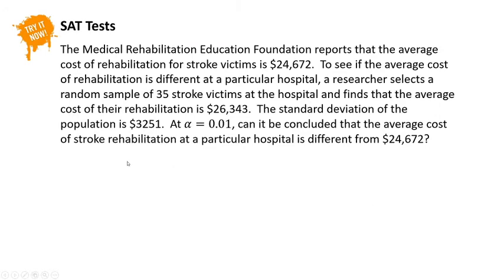All right, here's another one. Ooh, that shouldn't say SAT tests. This is rehabilitation costs. The Medical Rehabilitation Education Foundation reports that the average cost of rehab for stroke victims is $24,672.